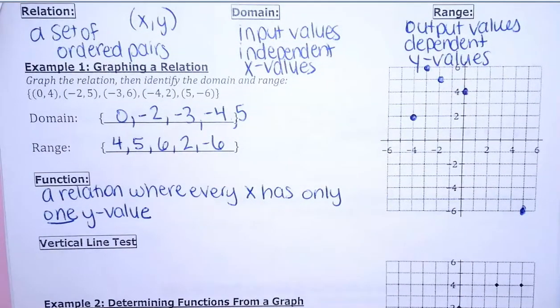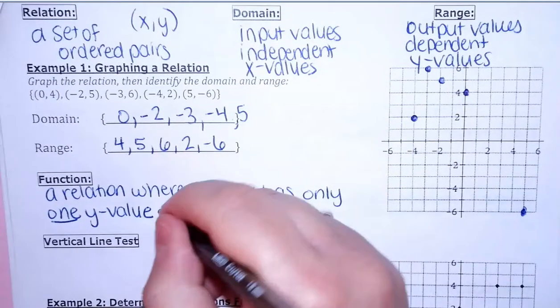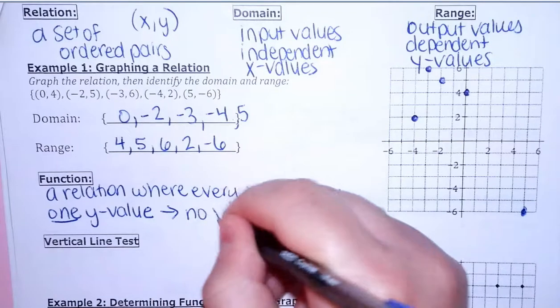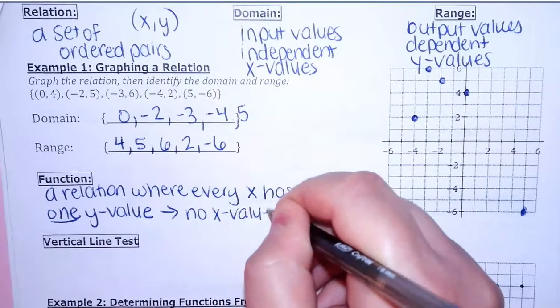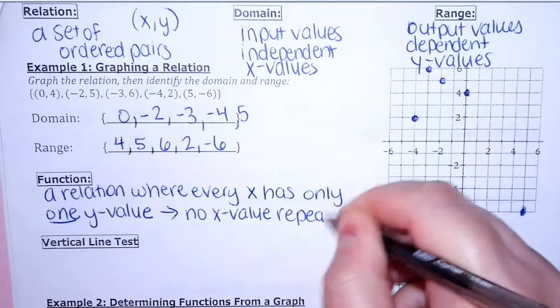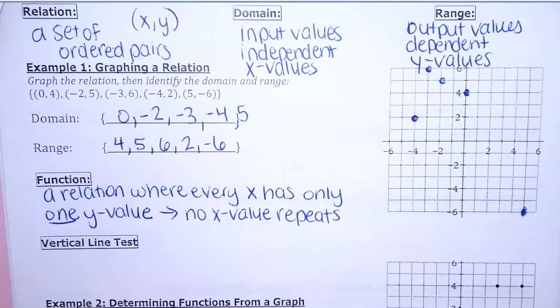It can't have multiple y values. So basically what this means is no x value repeats, is how I want to remember that. I can't have two x values that are repeated, so I can't use the number twice. It's totally fine to have repeated y values, but not repeated x values.